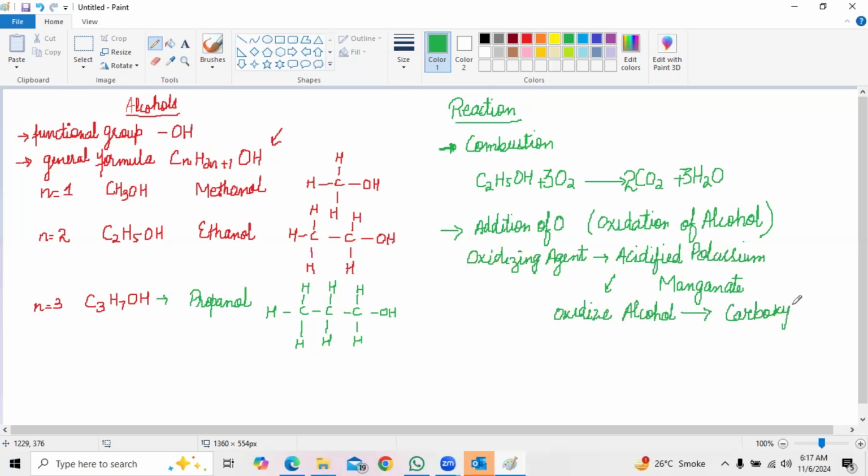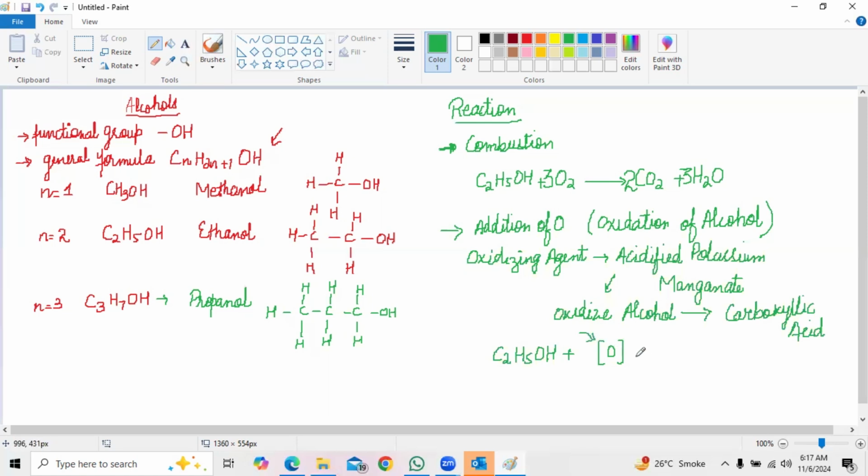So there are basically two types of reaction. Oxidation of alcohol would take place here. First of all, we know it is going to be C2H5OH, and there would be an oxidizing agent, which basically provides monoatomic oxygen.